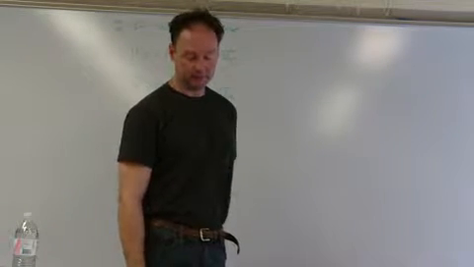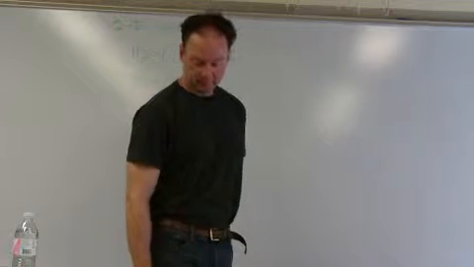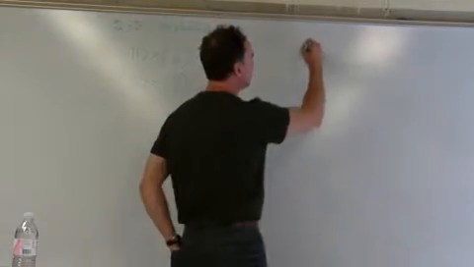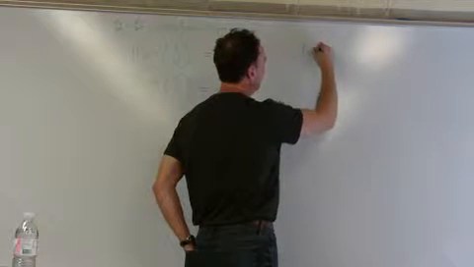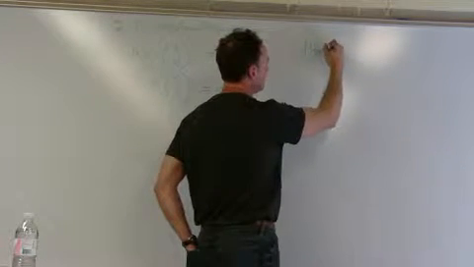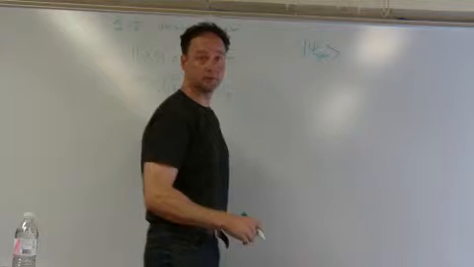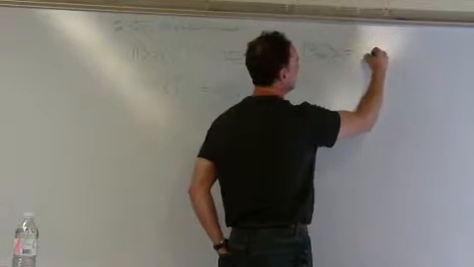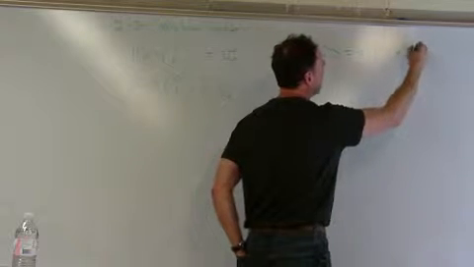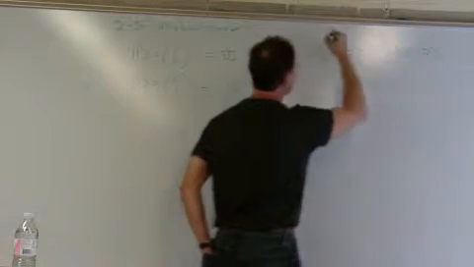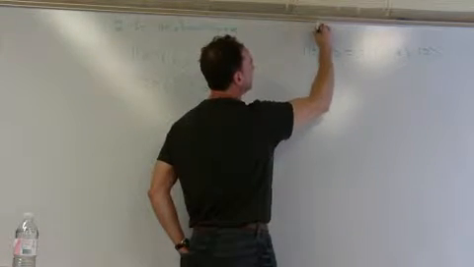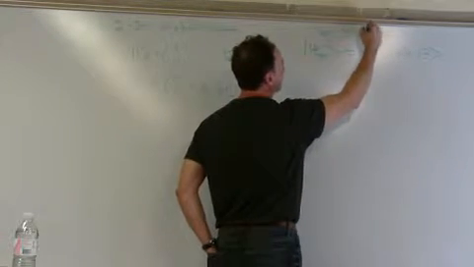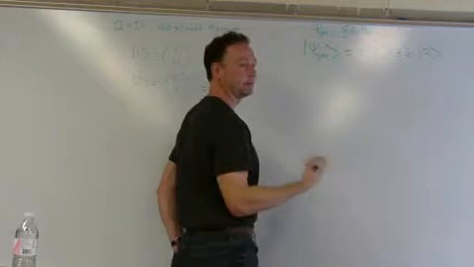Griffiths uses a different letter, he uses S, but I'm a creature of habit, so I say psi general, equals some linear combination of A times 1 plus B times 2. Again, I'm going back to the idea that psi general equals the summation over n of Cn psi n.